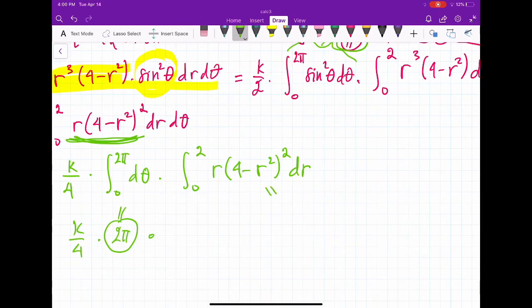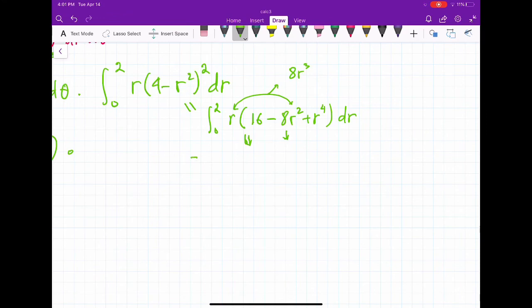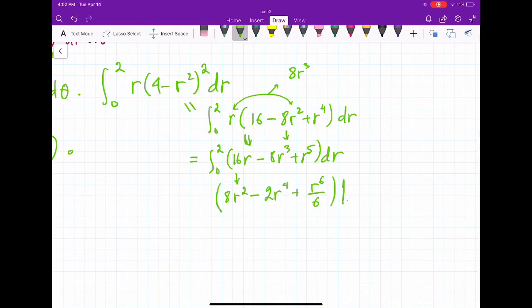So this is equal to the integral from 0 to 2 of r times, and I write 4 minus r squared, squared, as 16 minus 8r squared plus r to the 4, dr, right? So this is equal to the integral from 0 to 2 of 16r minus 8r cubed plus r to the 5th dr, right? And this gives you 8r squared minus 2r to the 4 plus r to the 6 over 6 evaluated from 0 to 2.